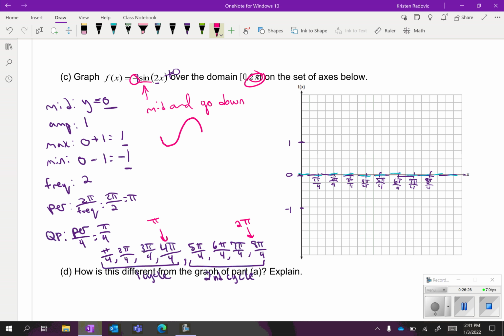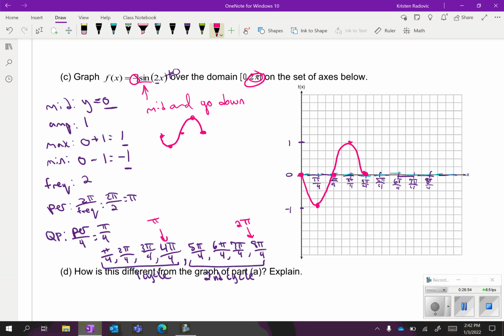So I'm starting at my midline, which is at 0, and I'm going to go down to my minimum value. You're going to come back up to your midline, go up to your maximum, and come back down to your midline. That right there is 1 cycle.